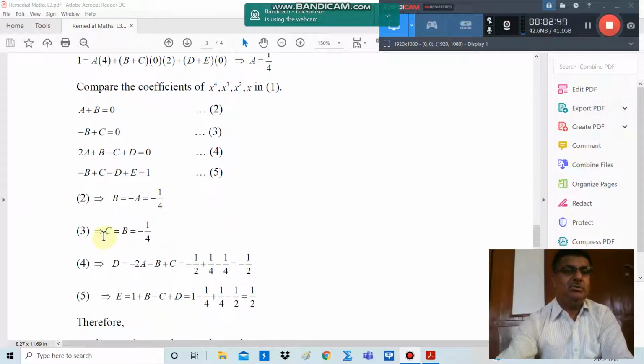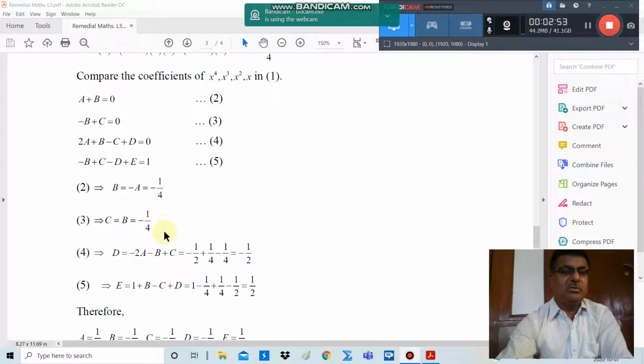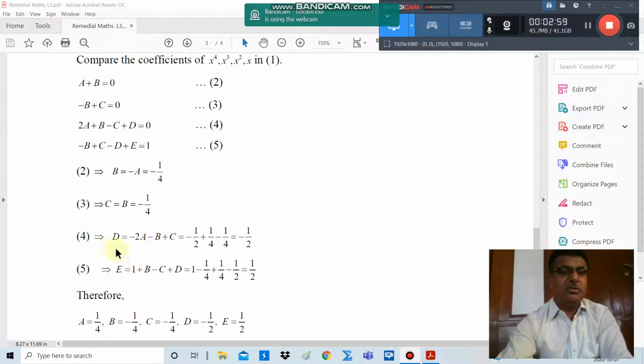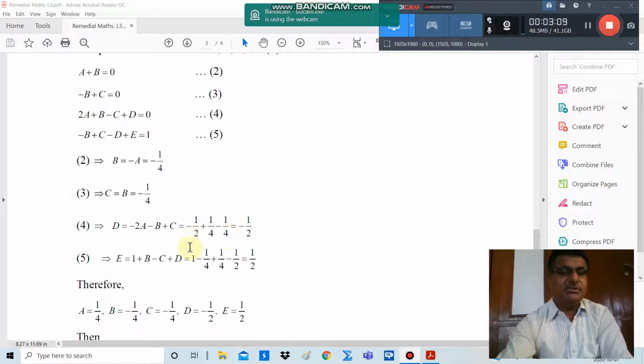Now equation 2 implies that b equal to minus a. This will be equal to minus 1 by 4. Equation 3 implies c equal to b is equal to minus 1 by 4. Equation 4 implies d equal to minus 2a minus b plus c, and this will be equal to minus half after simplification.